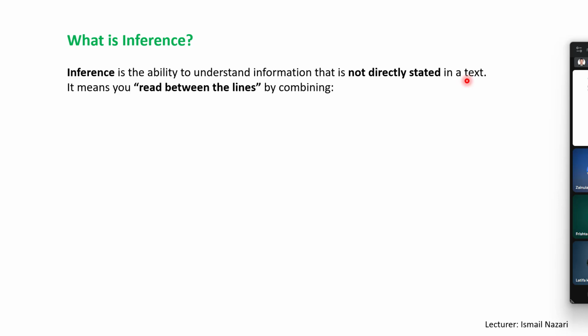And basically, let me add something here: every passage, every text, no matter if it's on an international test or outside of a test, has two types of meaning involved. The first one is the implicit meaning, and the second is explicit meaning.